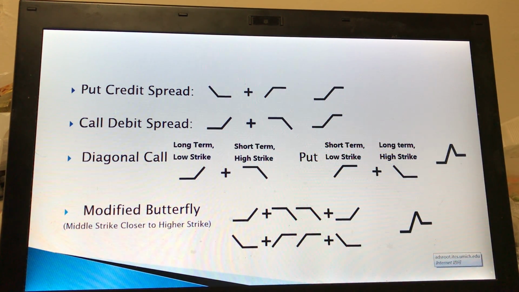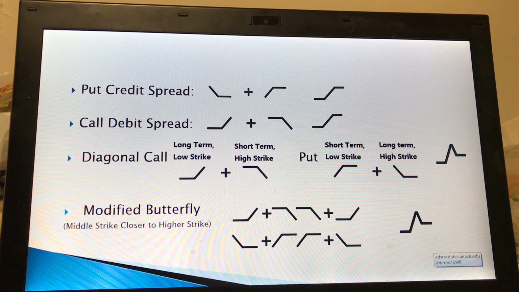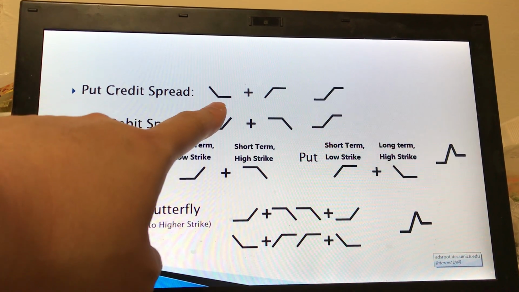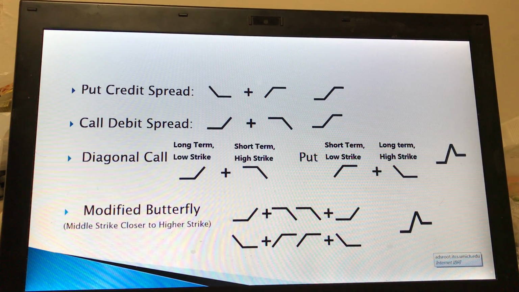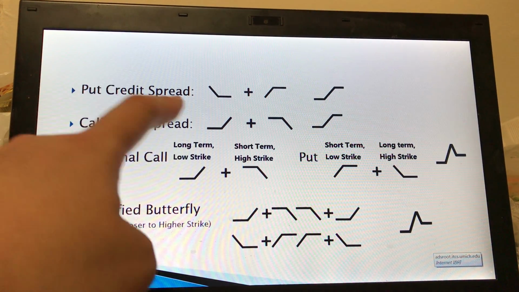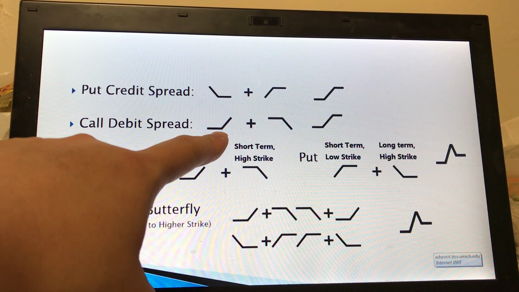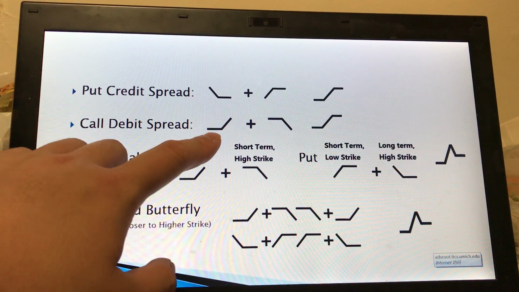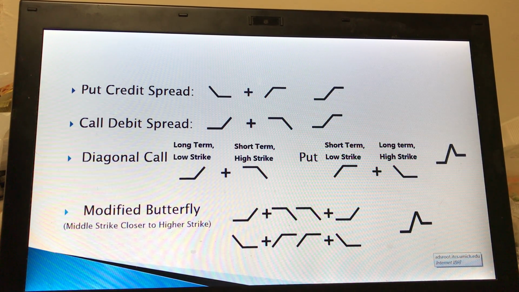It consists of a short put at a higher strike price and a long put at a lower strike price. So you have a long position in a cheaper put and a short position in a more expensive put. This is the inverse of the call debit spread, where you go long a call at a lower strike price and short a call at a higher strike price.